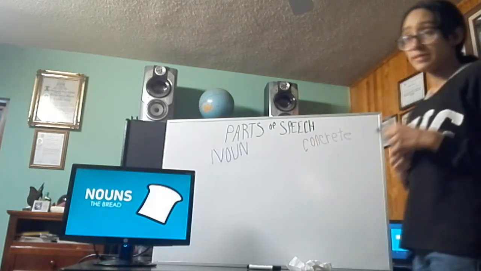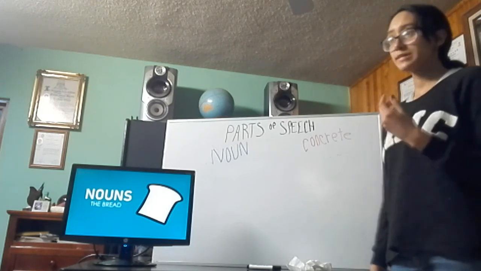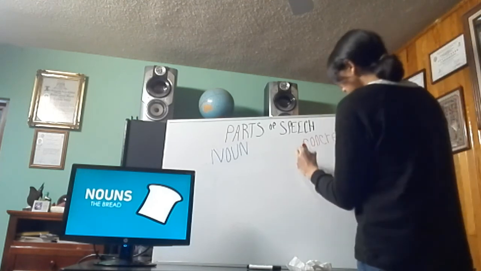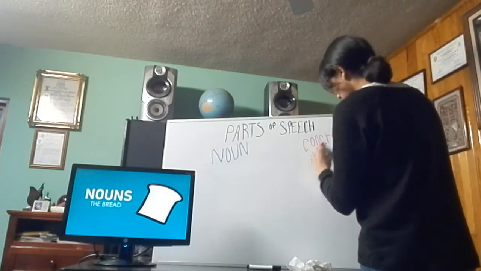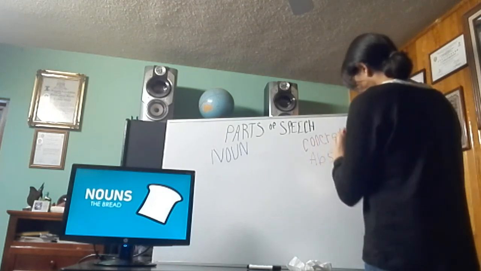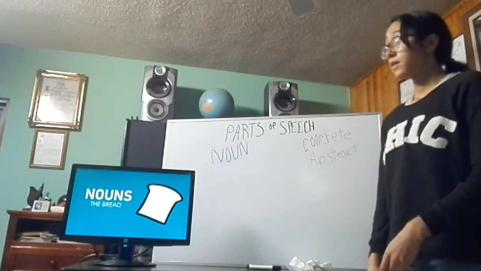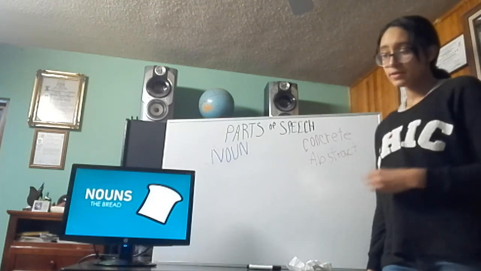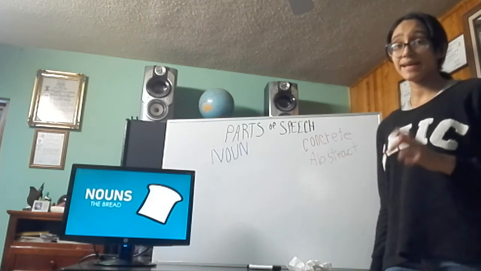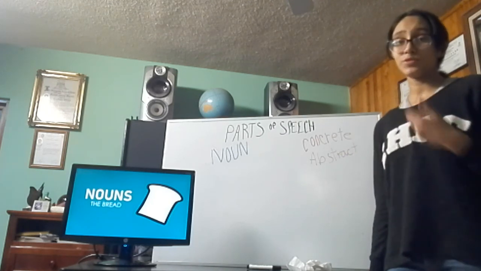Concrete nouns are the ones that we can touch, see, or smell. On the other hand, abstract nouns are the ones that we cannot perceive with our 5 senses. For example, an abstract noun can be an idea or a feeling. You cannot exactly touch or smell love, but you know that it can be a noun, you know that it exists.